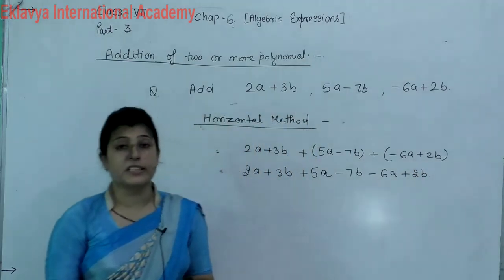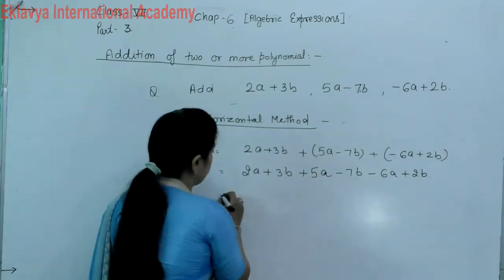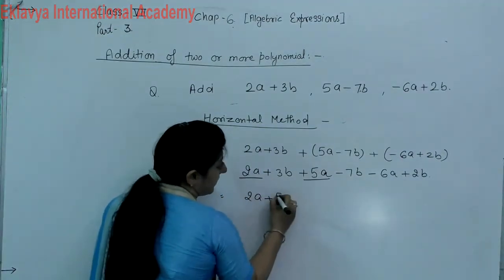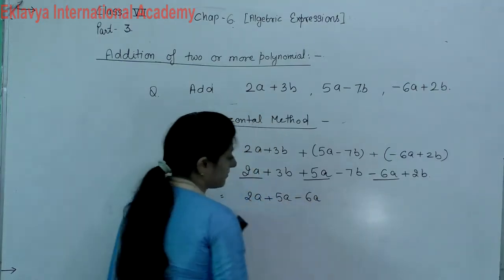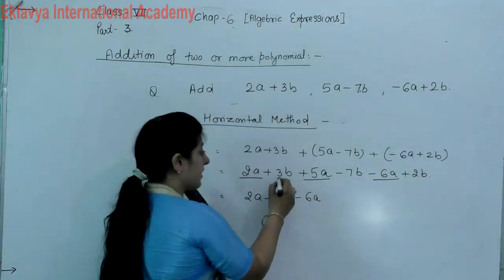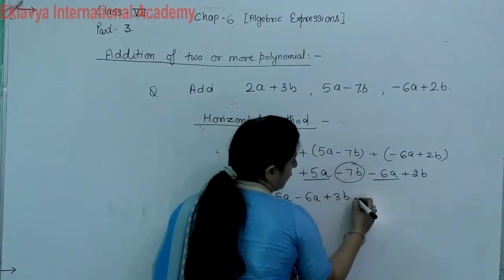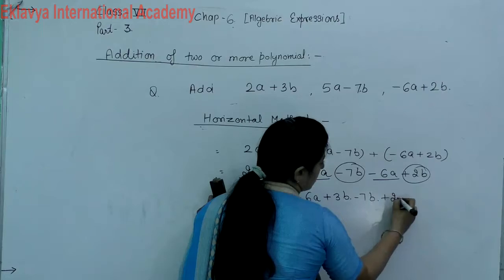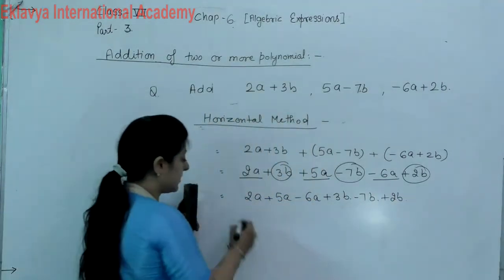Now for solving this, combine all the like terms together: 2a plus 5a minus 6a, this one, plus 3b minus 7b plus 2b. Now solve it.